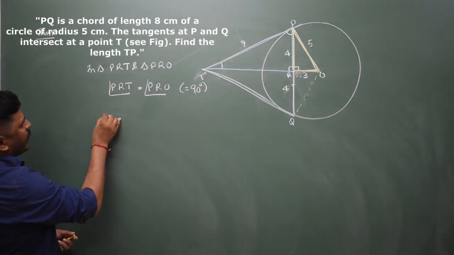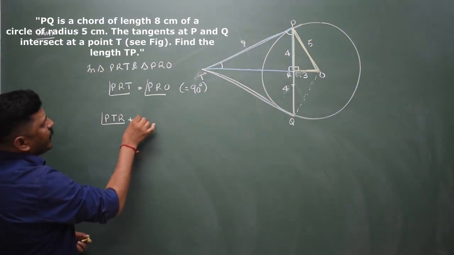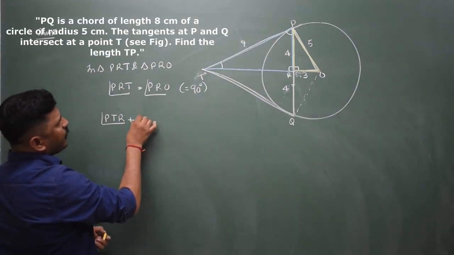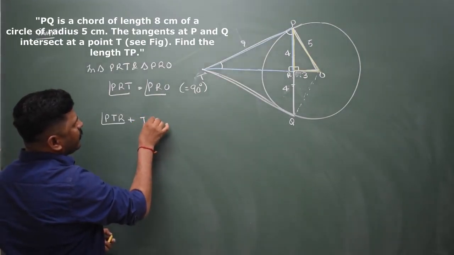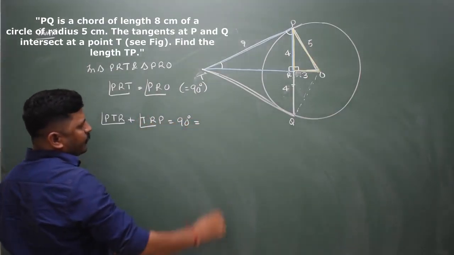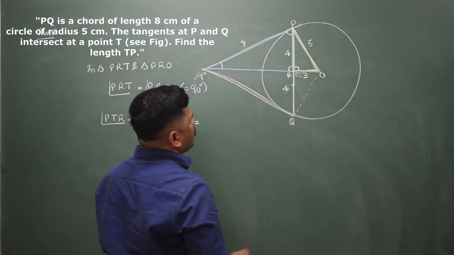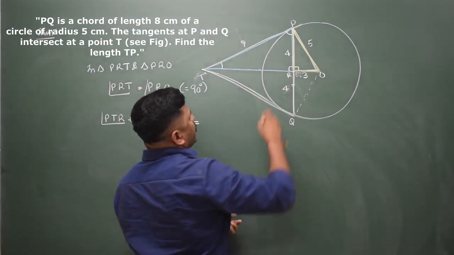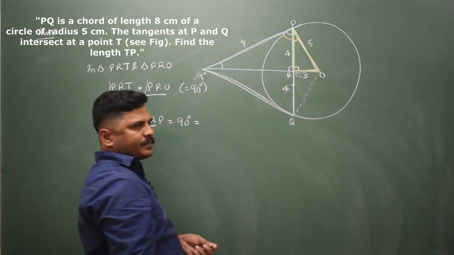90 plus 90 is 180. So angle PTR plus angle TRP is equal to 90 degree. Now my question is, is this angle plus this angle 90?